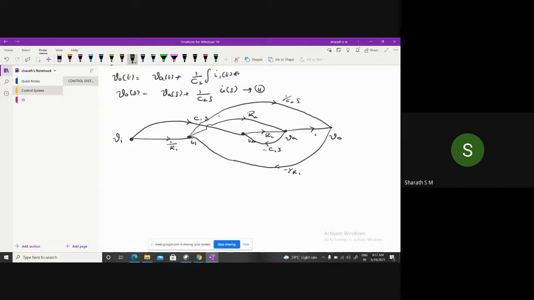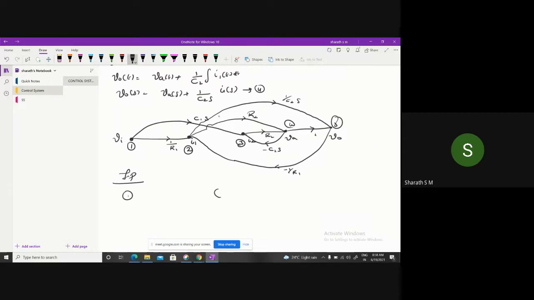So I'm just going to label this as node 1, 2, 3, 4, 5. So identify the forward paths. 1, 2, 4, 5: 1 to 2, 2 to 4, 4 to 5.